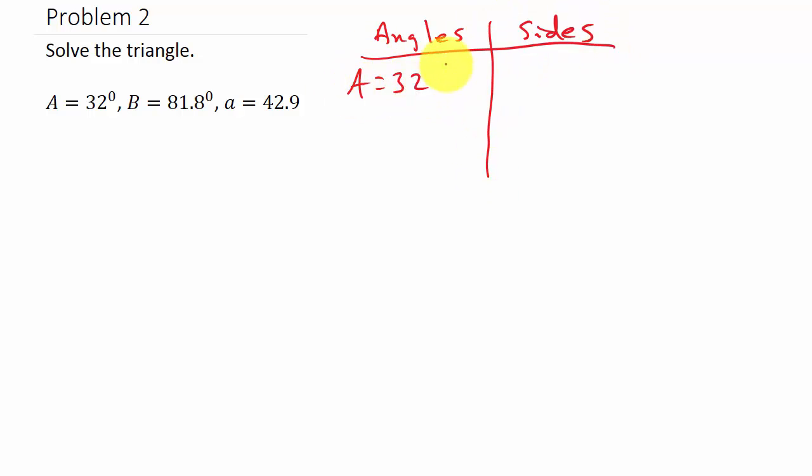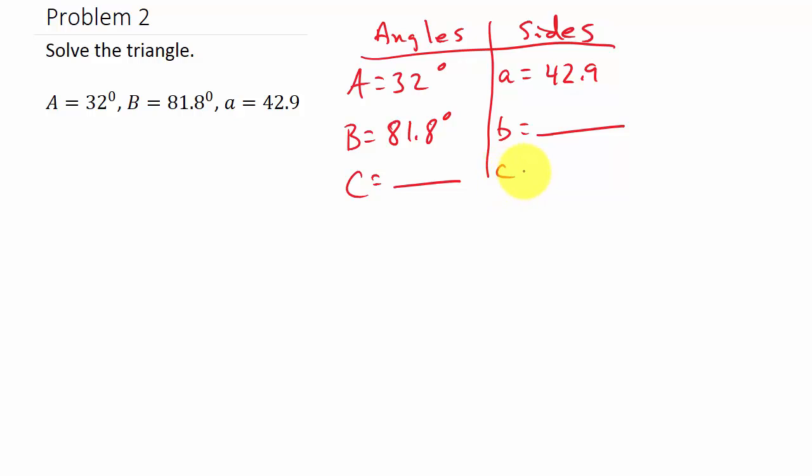Angle A is 32 degrees, angle B is 81.8 degrees, angle C we don't know. Side A is 42.9, side B we don't know, and side C we don't know.